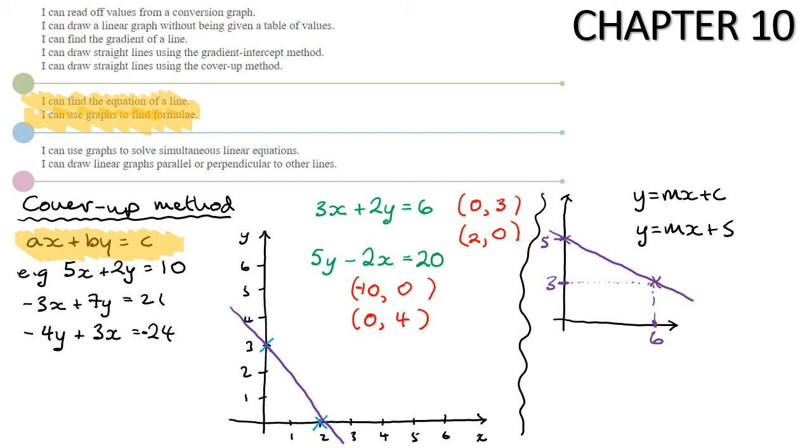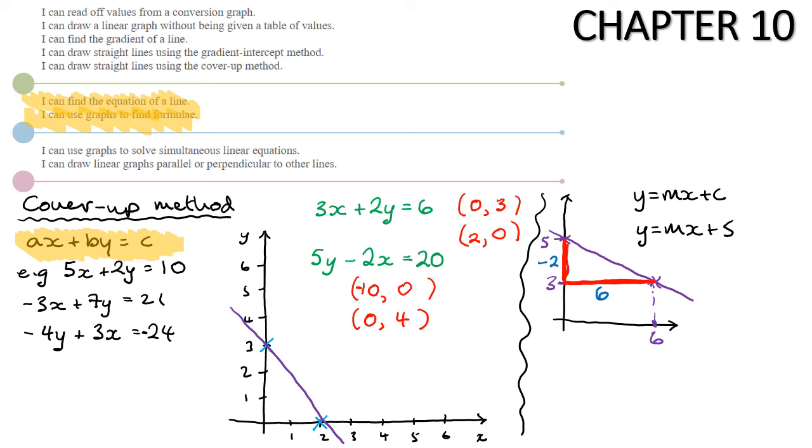The next thing I'm going to do is work out the gradient. Now I've already picked 2 points on the line. What I do is look at the rise and the run between those 2 coordinates. Now this one goes down, so the rise is negative. It goes down by 2, so negative 2. And the run, it goes from 0 to 6, so it's got a run of 6.